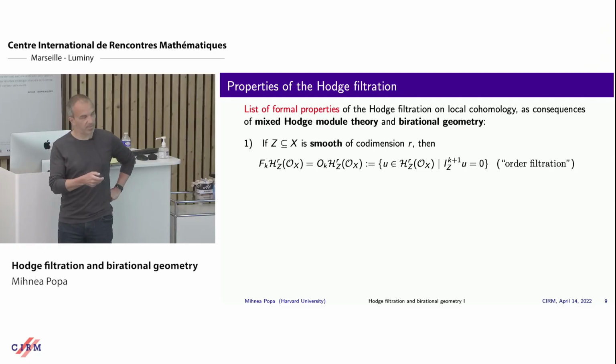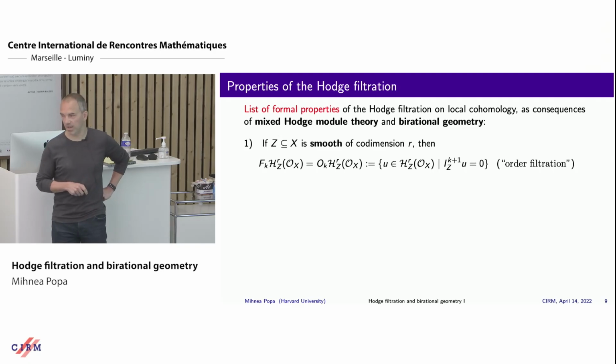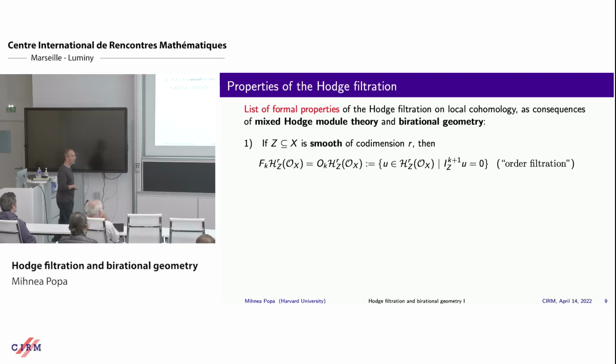We know that the sections of local cohomology are killed by some power of the ideal of the subscheme. So let's just take those that are killed by the k plus first power. If it were a hypersurface, this would be the well-known pole order filtration, and so this extends that. And for smooth subvarieties, it's not hard to show that the two coincide. So the Hodge filtration is just this order filtration.